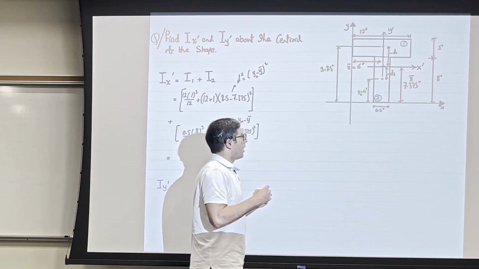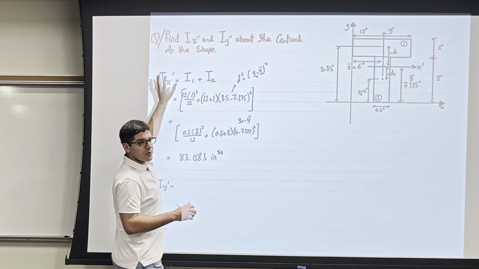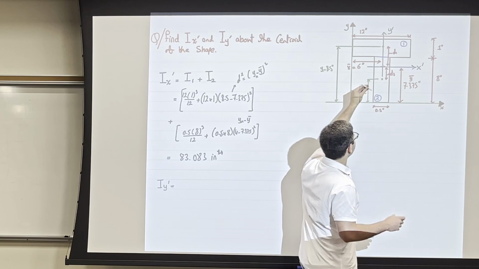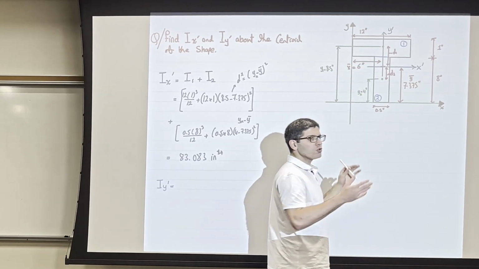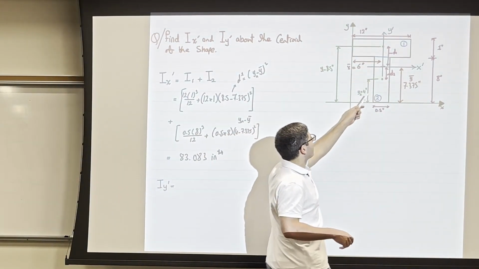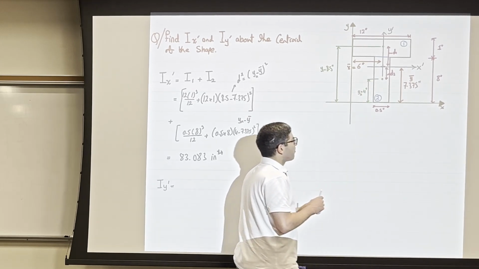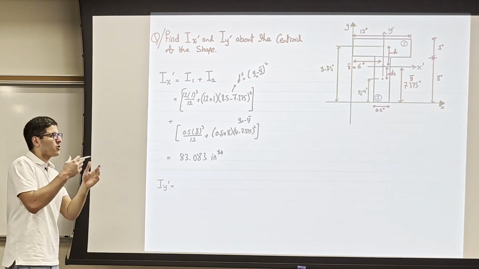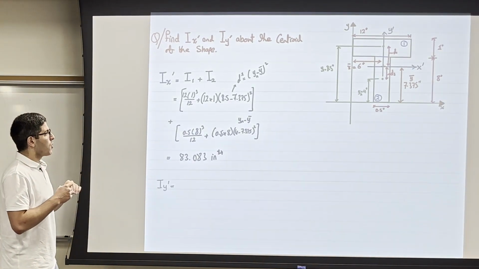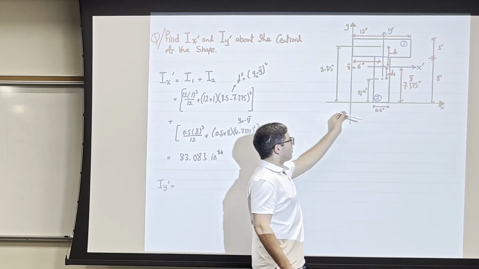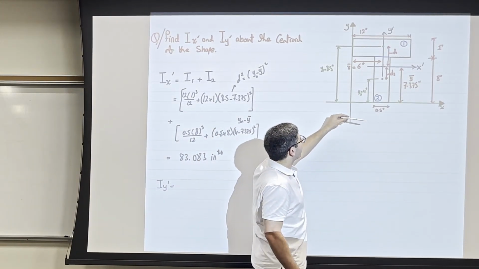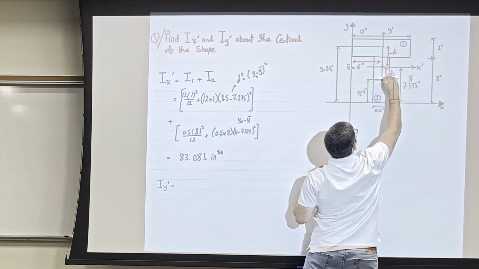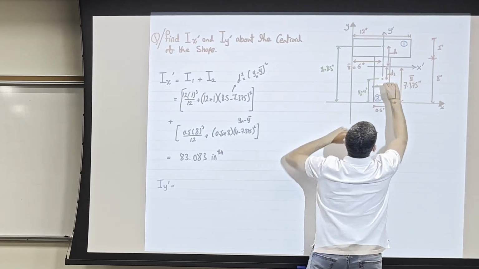And again, when we got the Ix, I was asking you, does the centroid of any of the shapes align with the centroid of the whole shape? And the answer here was no. That's why we took the d. But I wasn't accurate when I said that, because when we talk about x, when I say the centroid, I mean, does the x bar of the whole shape align with the x bar of the single shape that I'm studying?